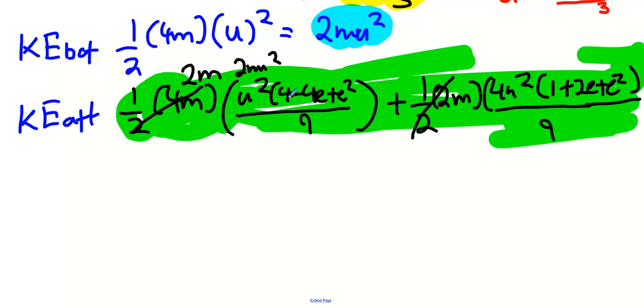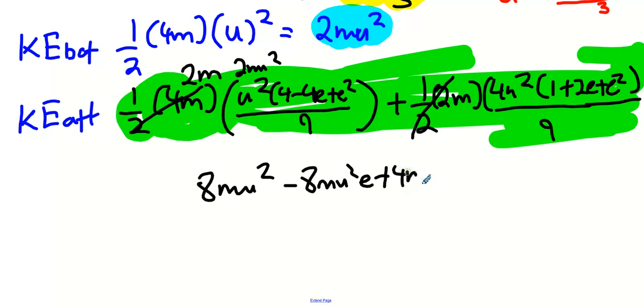So what's 2mu squared times 4? 8mu squared. And then what's the next one? 8mu squared e, ouch. And the next one after that? 4mu squared e squared. Say that 3 times fast.